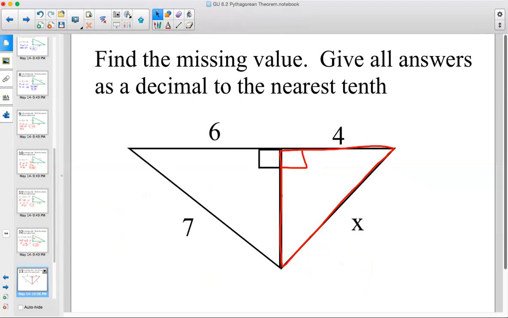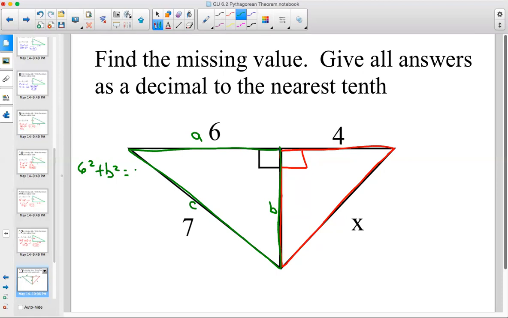So to start, we're going to go ahead and focus on this green triangle. And I'm given a leg and the hypotenuse. So we'll call that A, and this B, and this C. So I get 6 squared plus B squared equals 7 squared. 36 plus B squared equals 49.